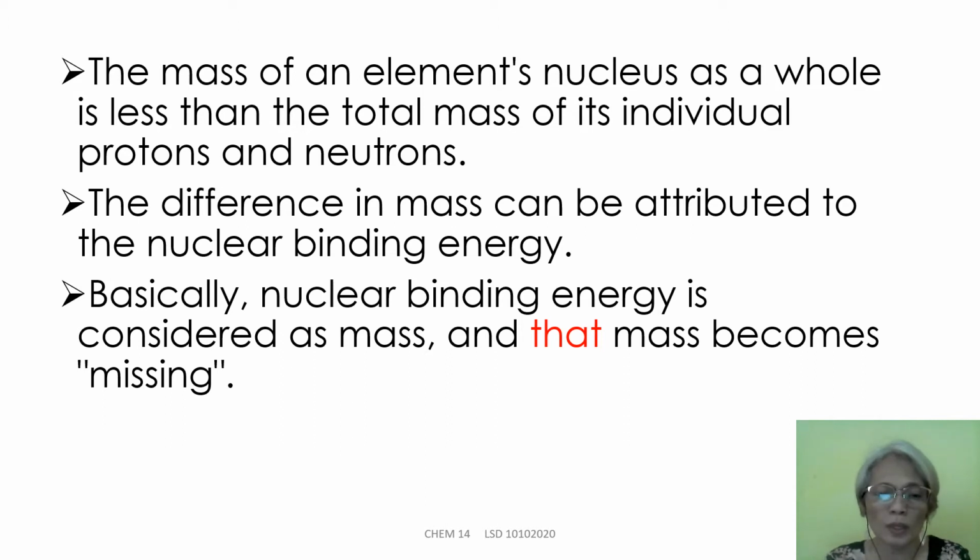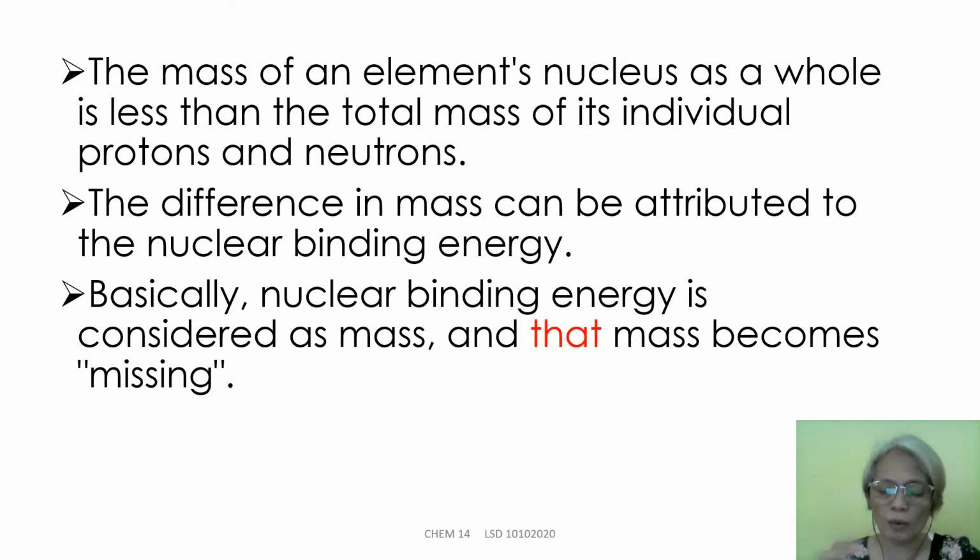So Rutherford is correct in his findings that the central part of the atom is massive and positive in nature. Why? Because the protons and the neutrons are inside the nucleus, which is the center of the atom. That's why it's so heavy in comparison to the total mass of the atom.